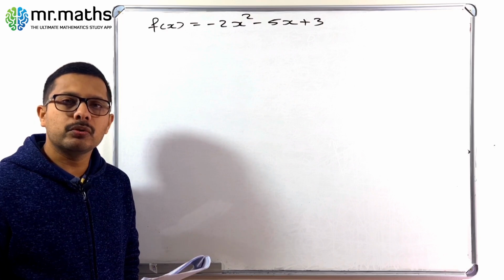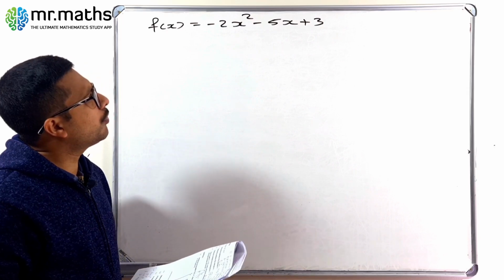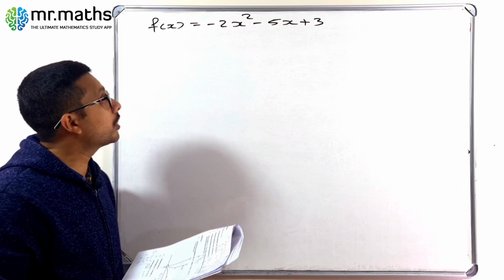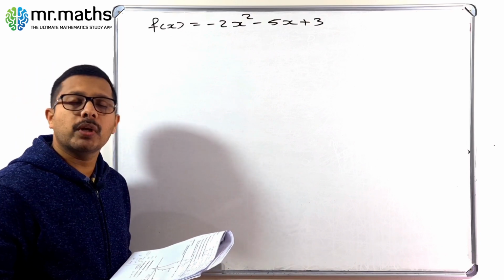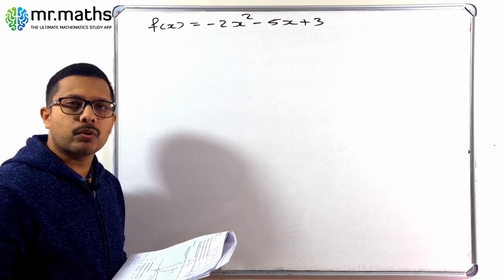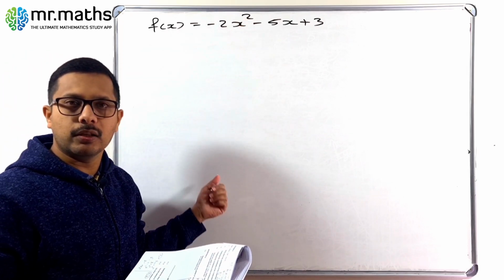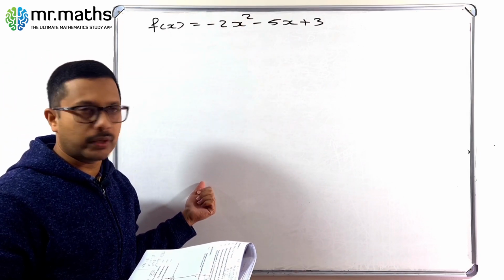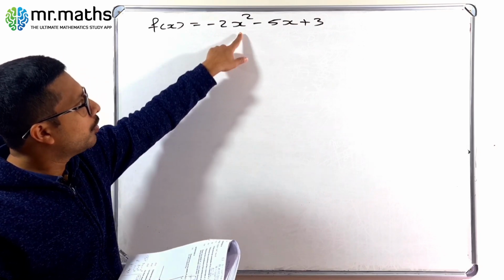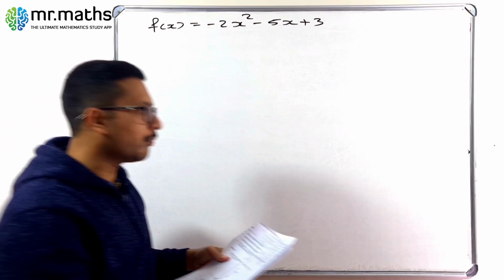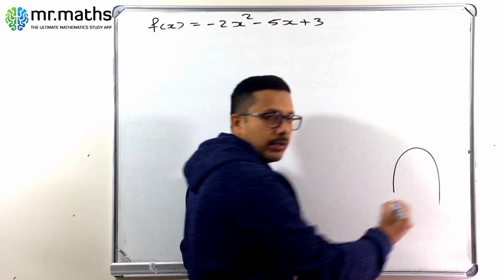Before I go to question number 4.1, what type of function is this? Minus 2x square. X square, the highest power of x is 2, so this is a quadratic function. Here the coefficient of x squared is negative, so the shape of the graph is like this.